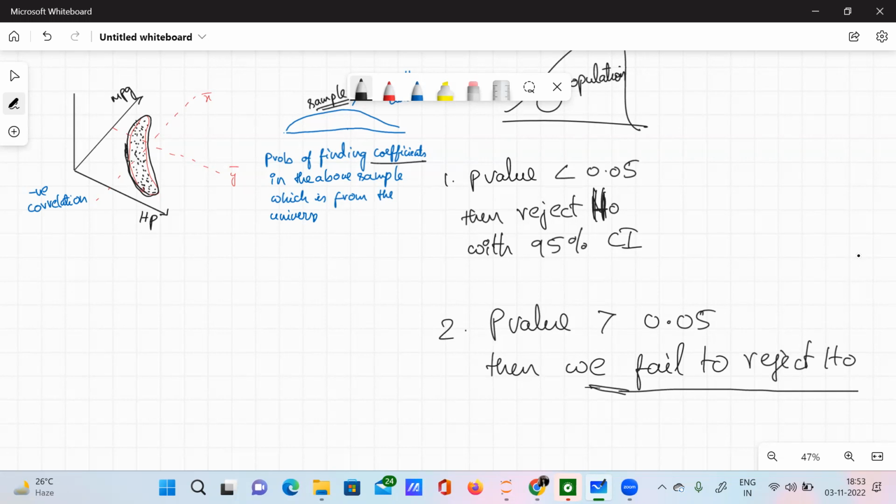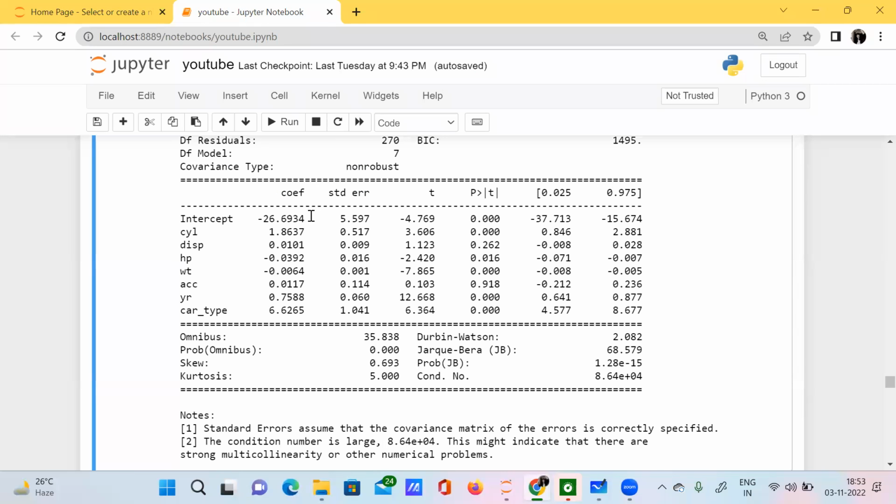So just have a look here. Just go to our coefficients table here. When you look at the p-value for the horsepower, we have drawn the graph between the horsepower and the mpg, right? So if this is the horsepower here, where is my p-value? This is my p-value, 0.016.